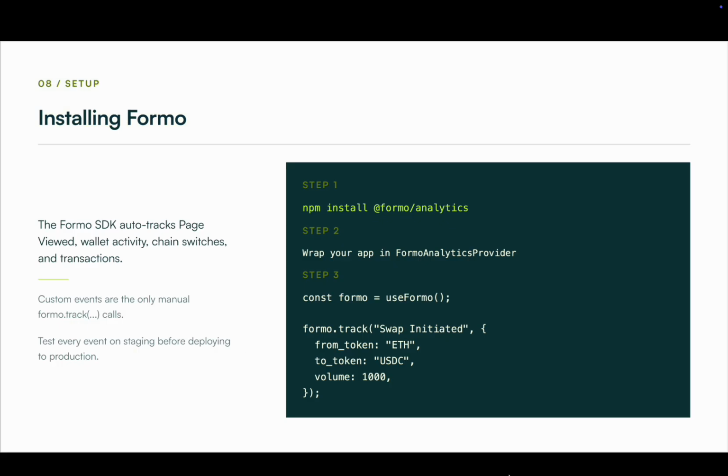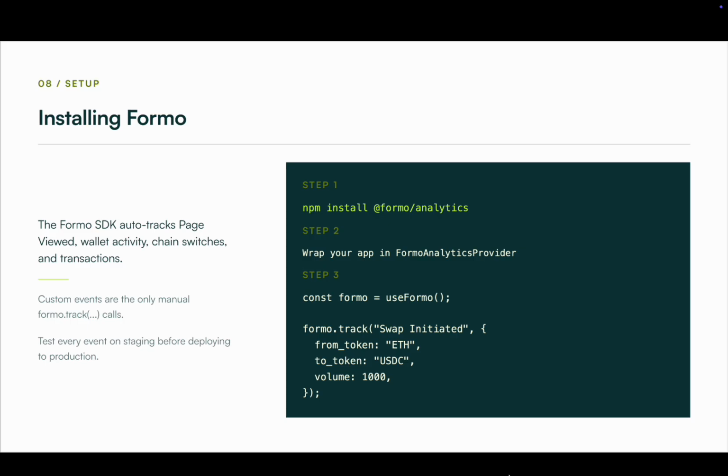Once the plan is defined, you can implement it. With the Formo SDK, common events such as page viewed, wallet activity, chain switches, and transactions are tracked automatically. That means custom Formo .track calls should be reserved for events that are not already tracked. Setup takes 3 steps.